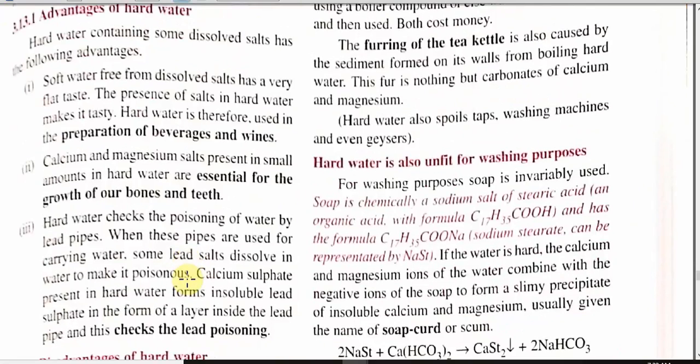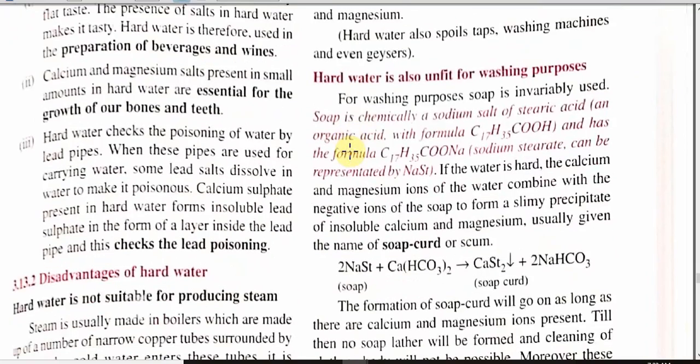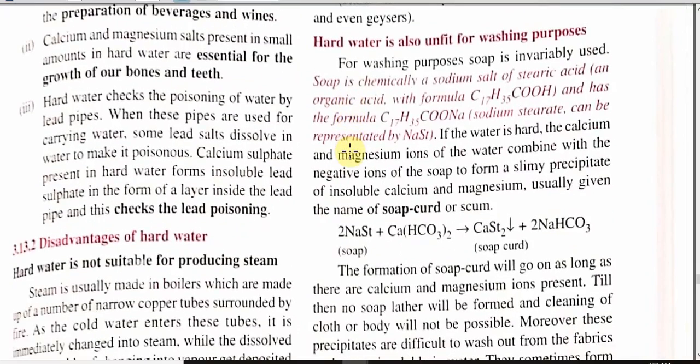Now, the furring of a tea kettle is also caused by the sediments formed on its wall from boiling hard water. This fur is nothing but the carbonate of calcium and magnesium. Hard water also spoils the tap, washing machine, or even geyser because hard water contains sulfate and chlorides of calcium and magnesium.